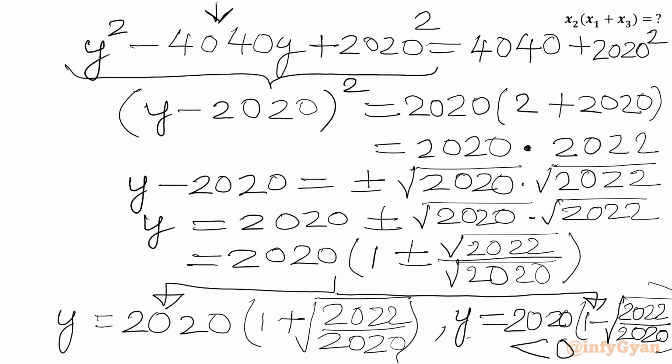So we will consider this is our y1. And square root of 2022 over 2020 will be greater than 1. So this value will be approximately double of 2020. So we will say this is y3, the largest root. As we have the third solution, y equal to 1, that would be the middle one, y2.